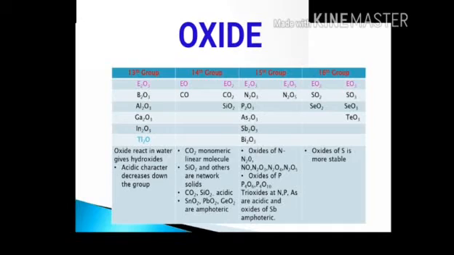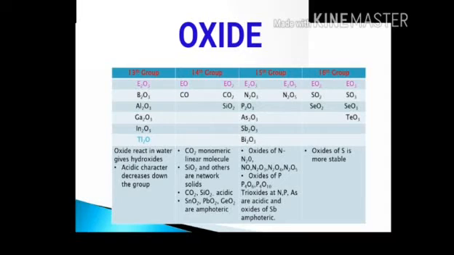And in dioxide, it forms carbon dioxide, silicon dioxide, germanium dioxide, etc. From these dioxides, carbon dioxide and silicon dioxide are acidic, and tin dioxide, lead dioxide and germanium dioxide are amphoteric.